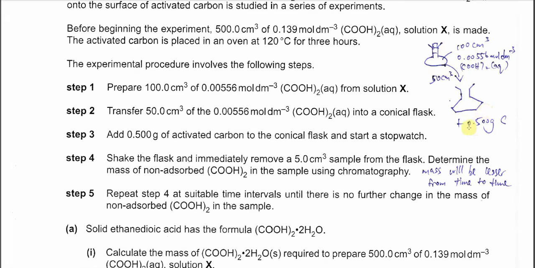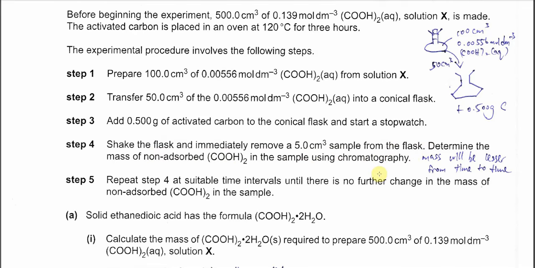After that, add 0.5 grams of the activated carbon, start the stopwatch, start the timing, and shake the flask and immediately remove a 5 cm³ sample from the flask. Determine the mass of the non-adsorbed acid in the sample using chromatography.